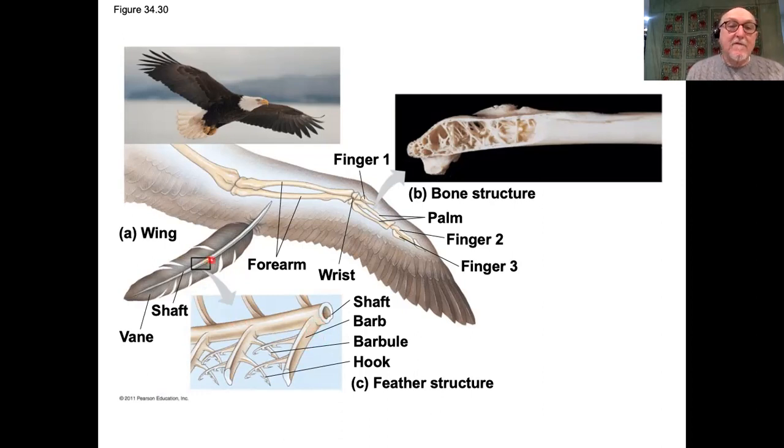This is what they consist of. Each fine unit of the feather consists of a shaft and then has barbs on it, and the barbs themselves all link together to form a single unit like that.